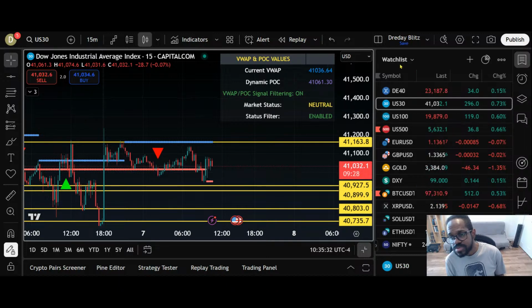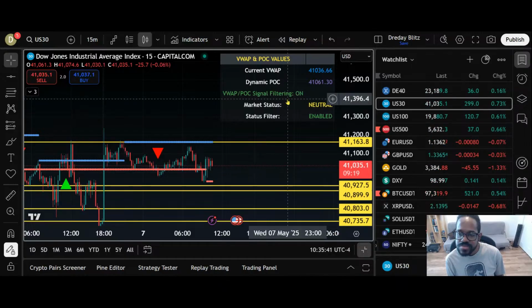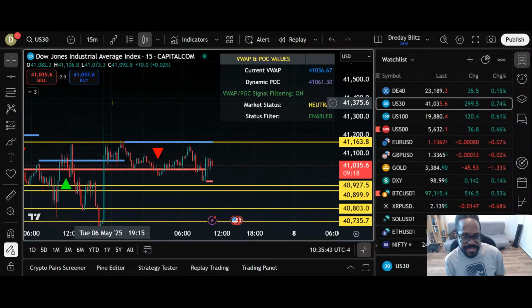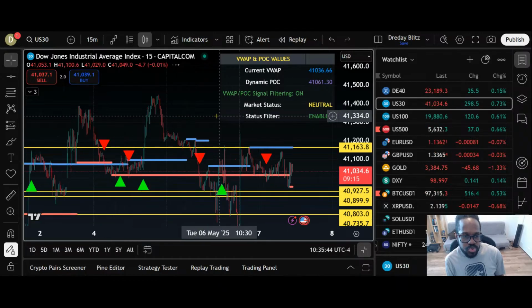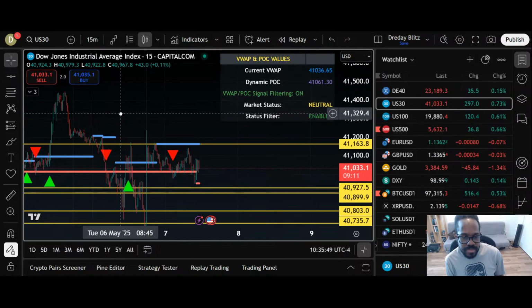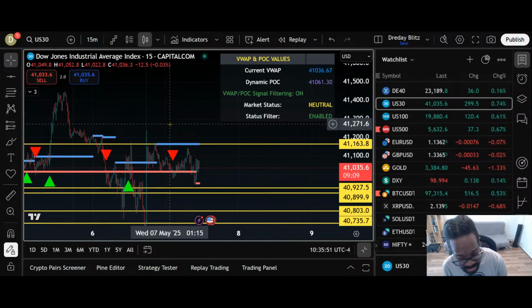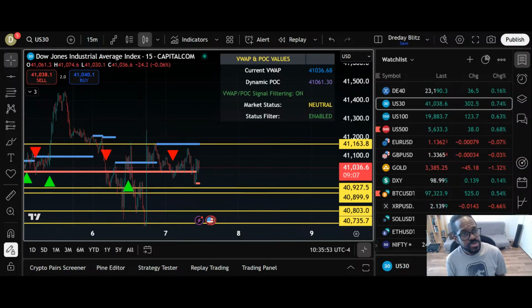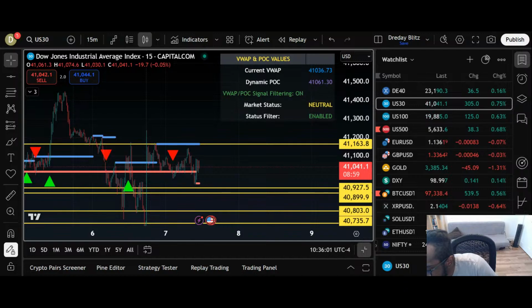So German, US 30, NASDAQ, so US 100, and S&P 500, so US 500. And the news may start to push the market up. So we do have some news here at around 2. So we'll see how it goes. But for the next setup here, we're waiting for a buy on the indices.